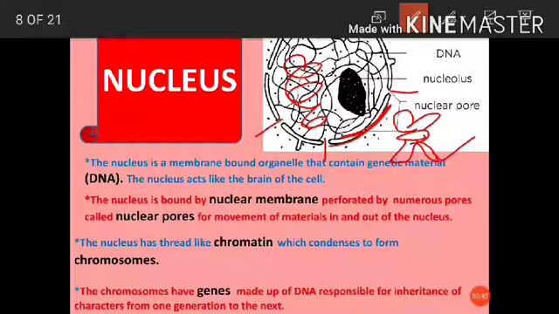So genes are the unit of inheritance. They help in transferring characters from one generation to the next. And these genes are made up of DNA. Its full form is deoxyribonucleic acid.